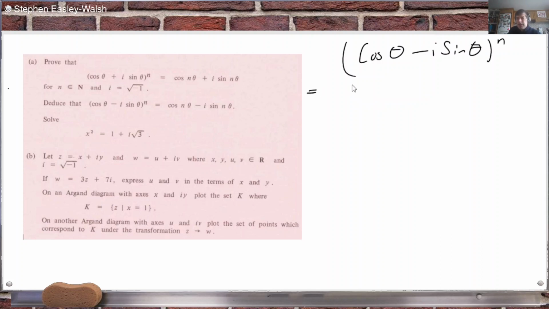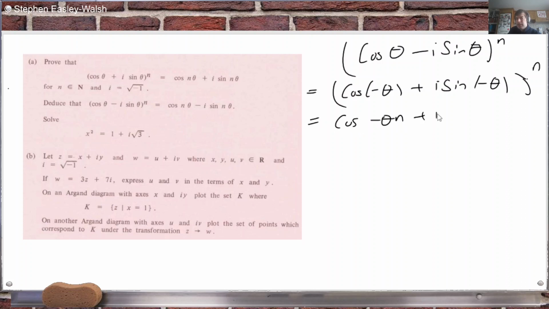So what you're going to have to do is temporarily change it into (cos minus theta plus i sine minus theta) to the power n. Then you can put the n in, minus theta n plus i sine minus theta n, and then you can change it back into cos theta n minus i sine theta n.